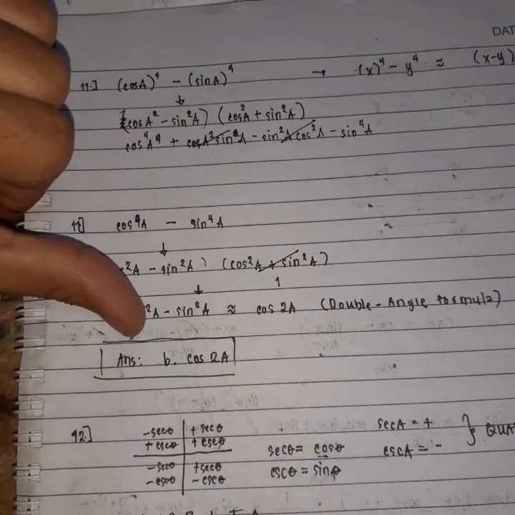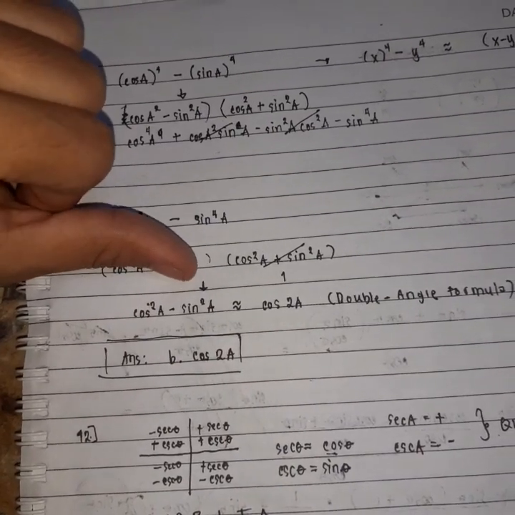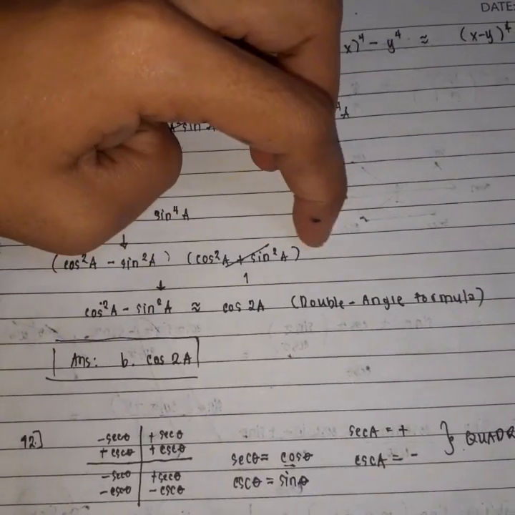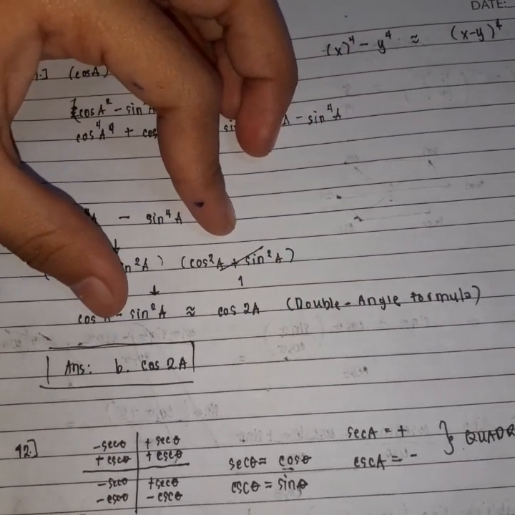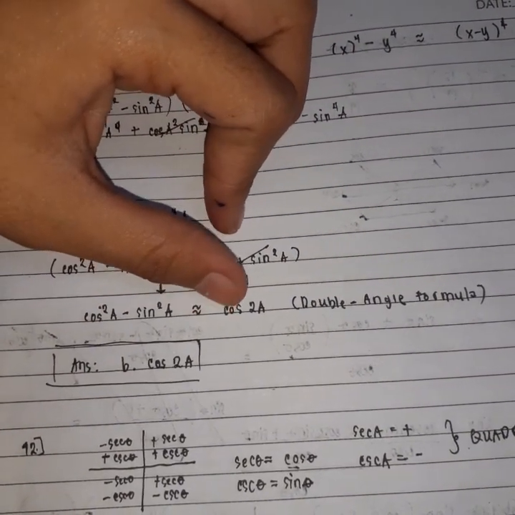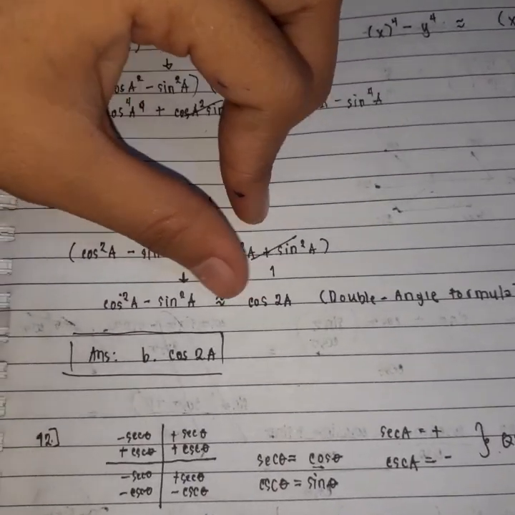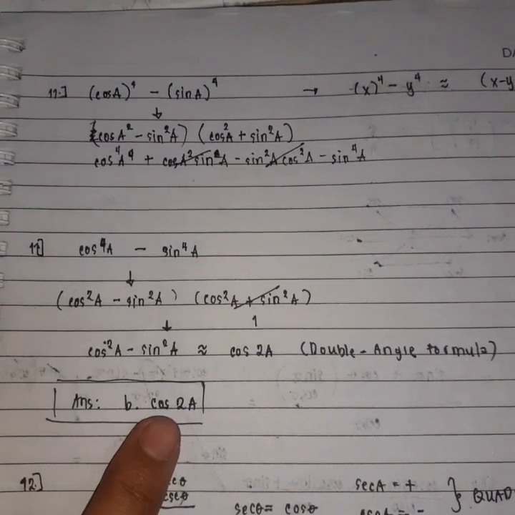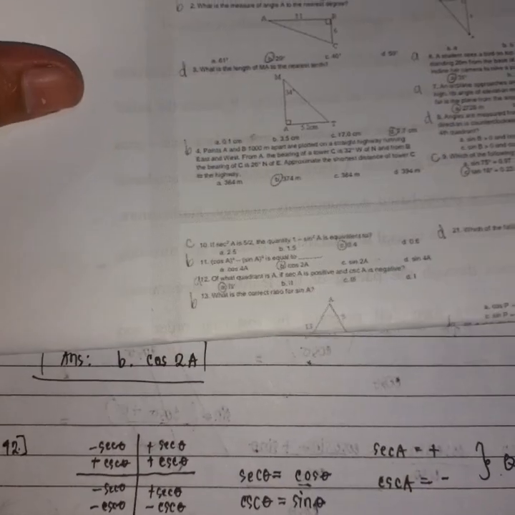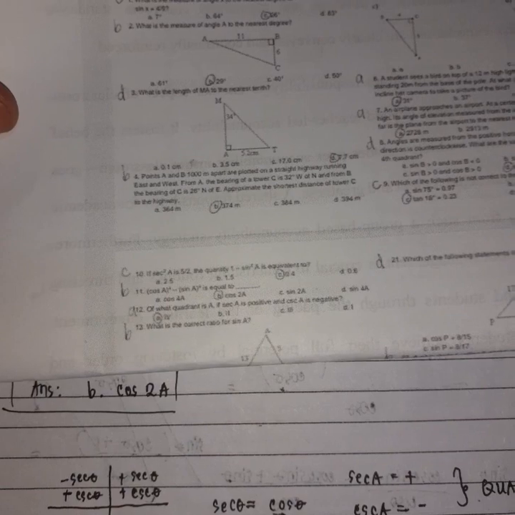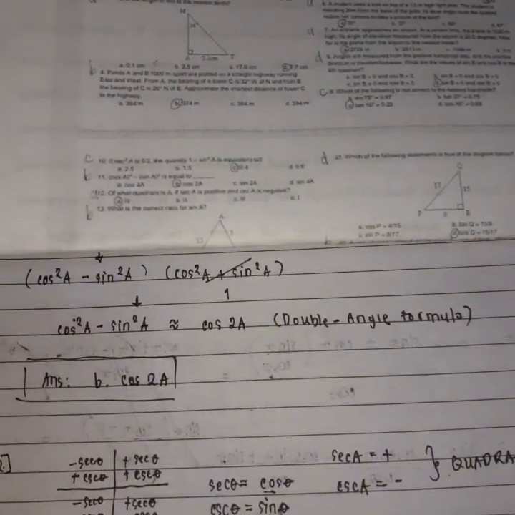So we have only cos squared A minus sine squared A. Now in our double angle formula, cos squared A minus sine squared A is just equivalent to cos of 2A. Hence, our answer is letter B, cos of 2A.